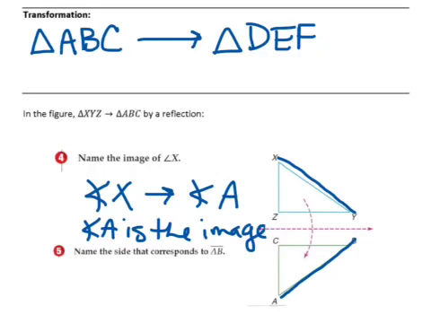And also, since we have defined our reflection by the mapping triangle XYZ mapped to triangle ABC, we can say that AB, since they are the first two in the name of triangle ABC, corresponds to segment XY, since those two are the points that are named first in triangle XYZ. So we would say that segment XY is the segment that corresponds to segment AB.